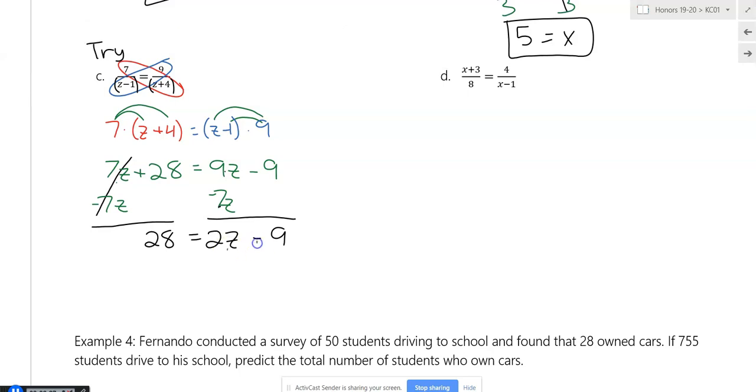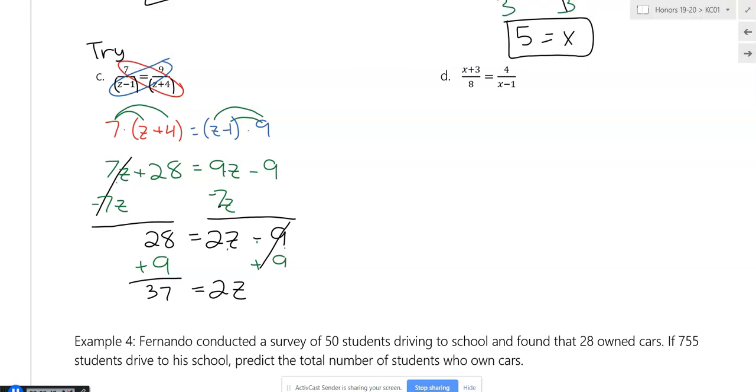Trying to get z by itself, so I have to get rid of this minus 9. So I'm going to add 9. 28 plus 9 is 37. 2z. These 9s are gone.